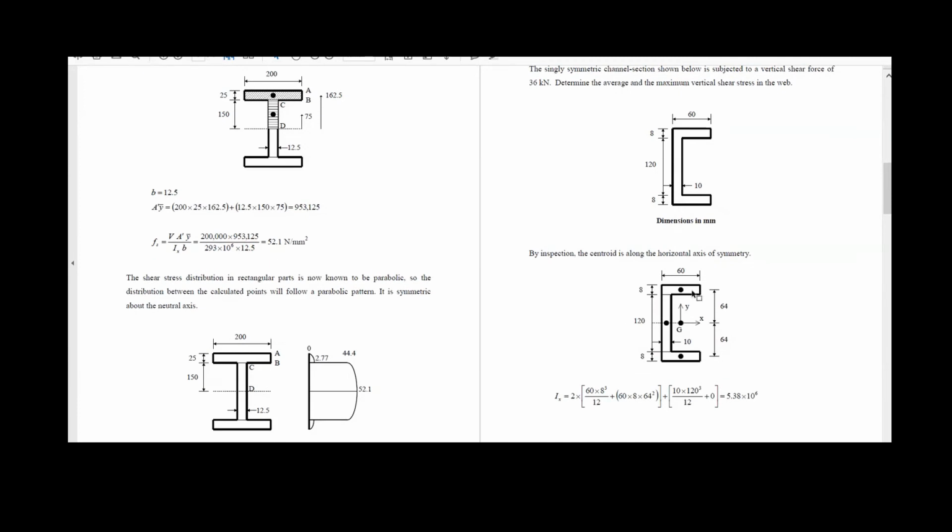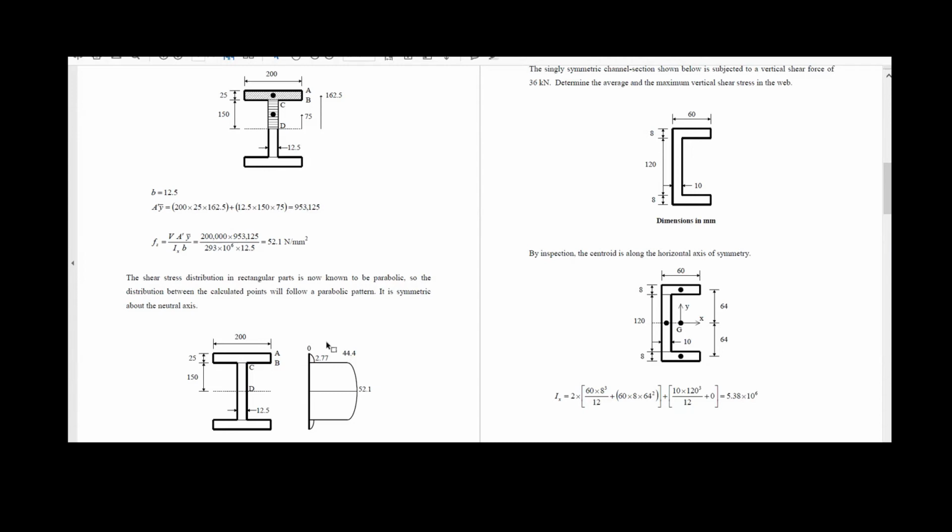Here, for example, you don't even need to locate exactly the position of the centroid for this exercise, because the only thing you need to know is that the centroid is on the neutral axis, that is this axis XX basically, which is in the middle of the height of this C section.